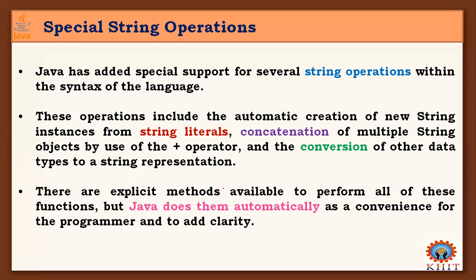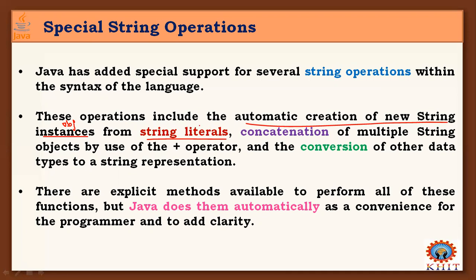And these operations generally include the automatic creation of new string instances, nothing but objects. Instance is nothing but an object of a class. Here, string is a class. That string instance is nothing but string objects. And from string literals, we can assign literal values, string values, to string objects defined from the string class.